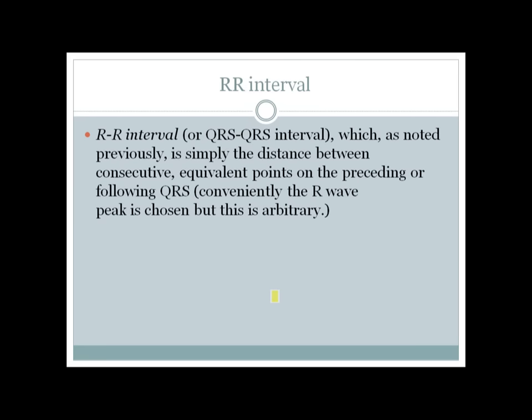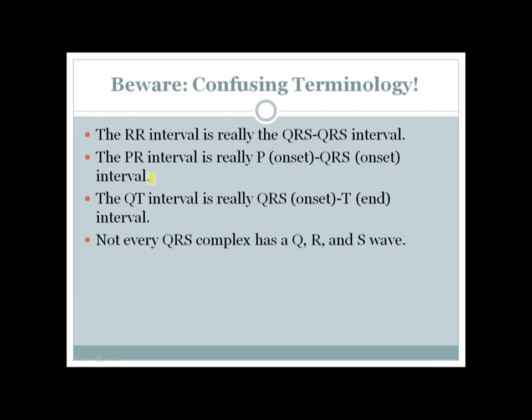So simple. The R-R interval is a very important interval, and it is simply the distance between two consecutive equivalent points on the preceding or following QRS. Conveniently, the R wave peak is chosen, but it is arbitrary. There is some confusing terminology: the R-R interval is actually the QRS interval.